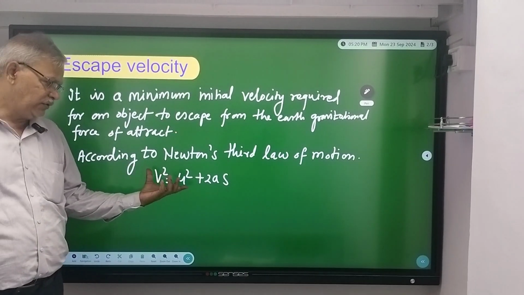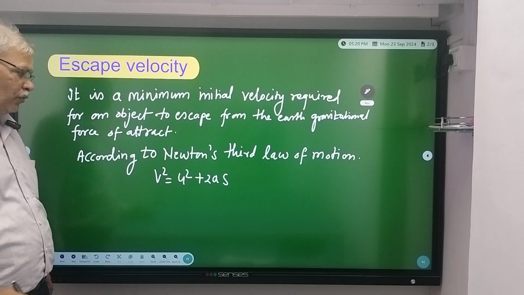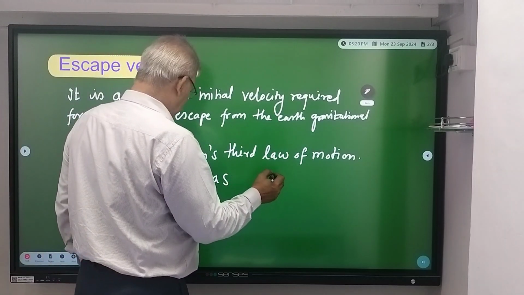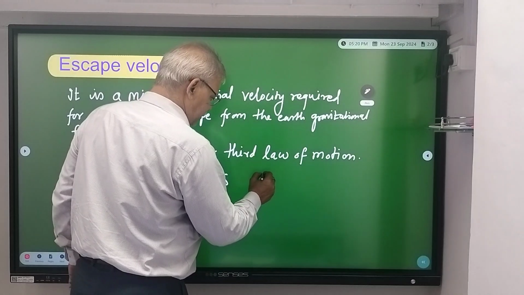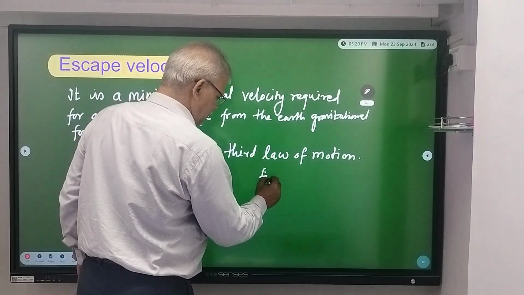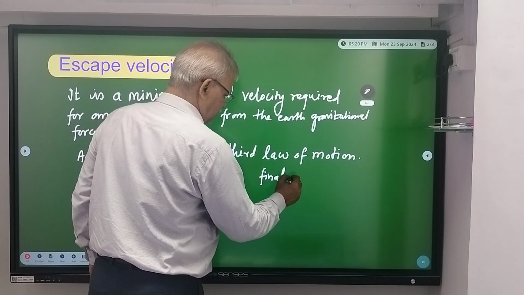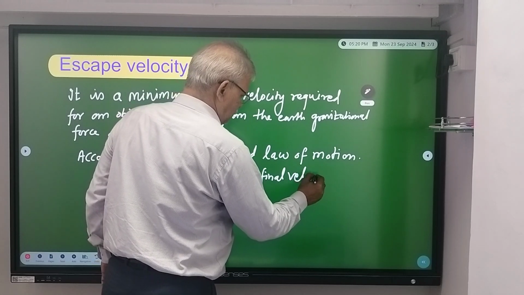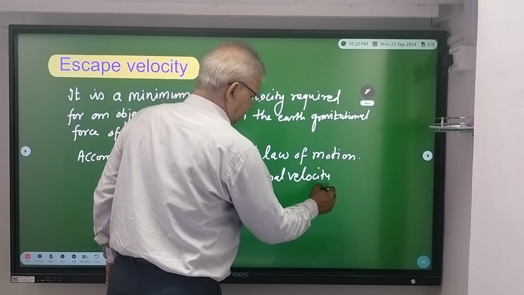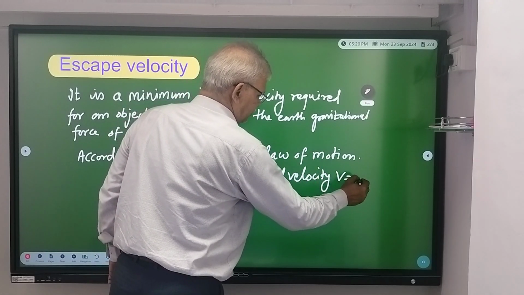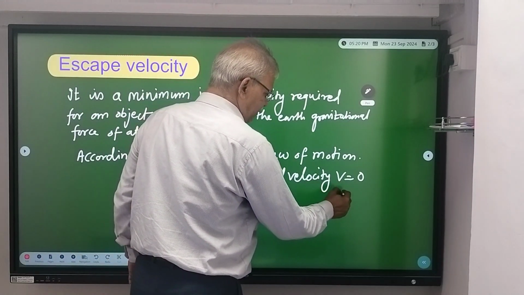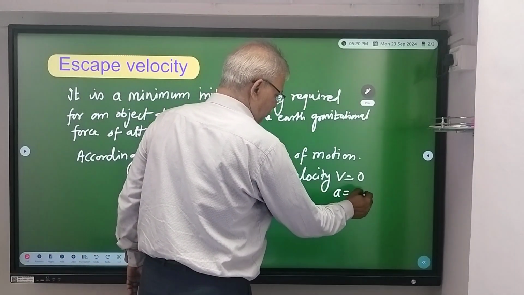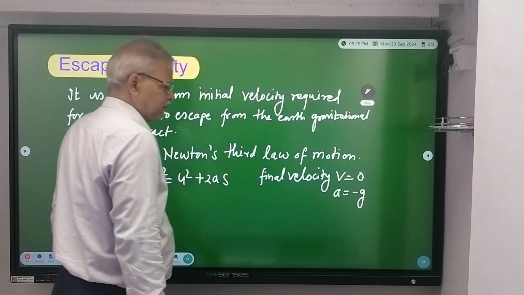Now, if an object is thrown upward, then what happens? Its final velocity V becomes 0, and the acceleration A will be, because throwing upward, minus G.